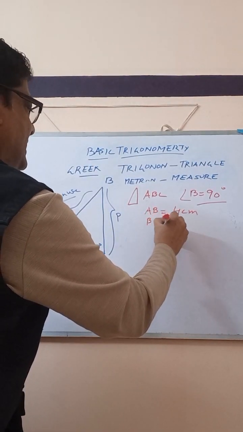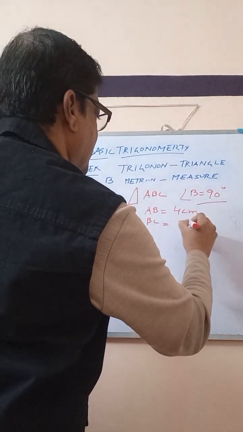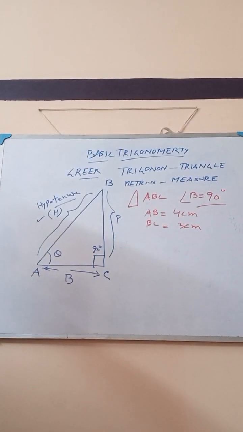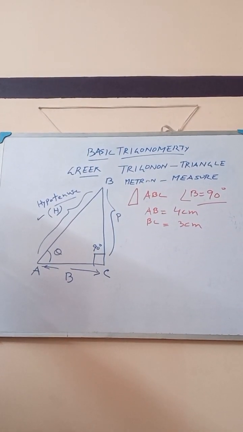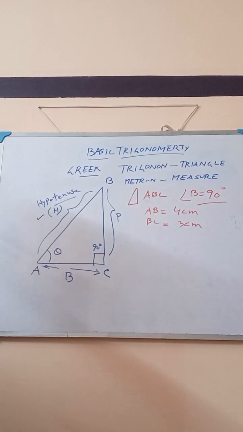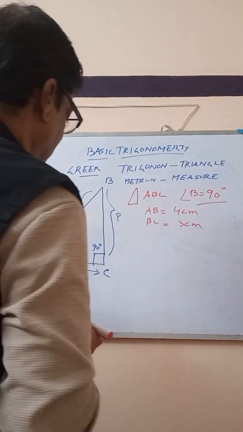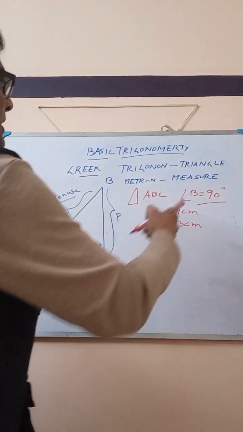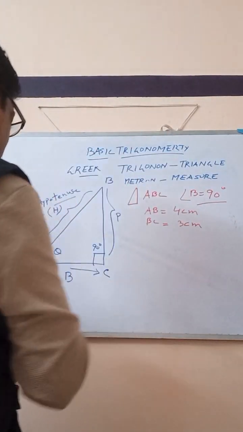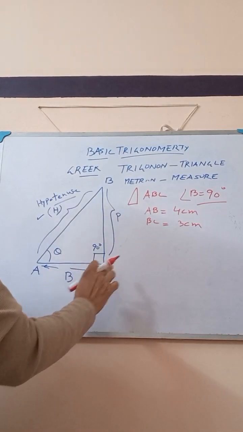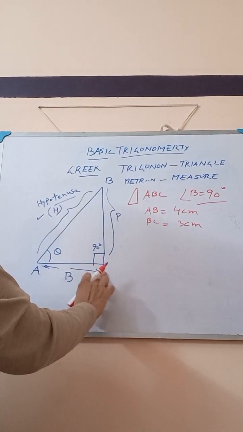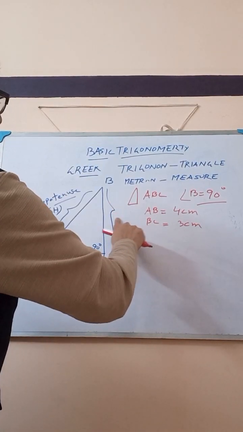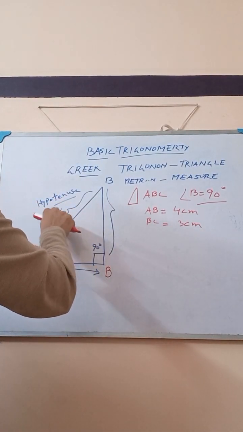Then BC is given as 3 centimeter. Now you have to find the trigonometric ratios of the angles A and C. Okay. Now it is B 90 degrees. So let us make this one B. We don't need all these things right now.